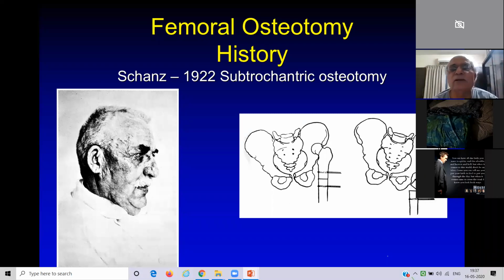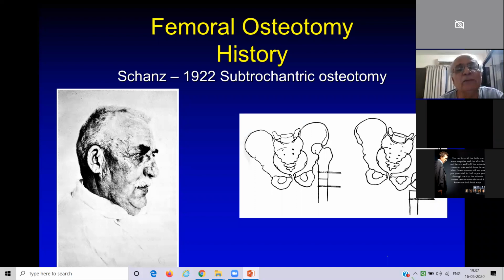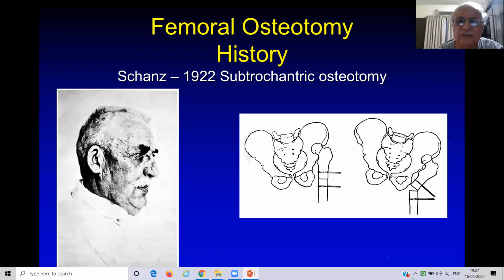It was a stabilizing osteotomy called a pelvic support osteotomy. Still, many people do this osteotomy with slight modification, especially for old excised hips, tubercular hips. So they make the stability, and then they do a lengthening, which I'm going to show you in one or two cases.